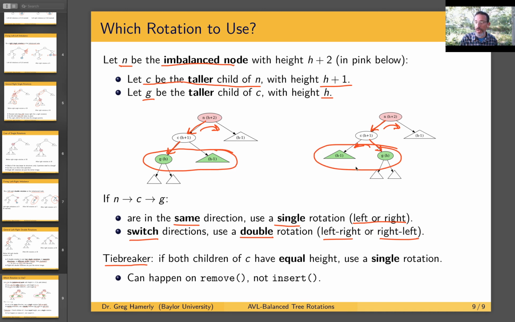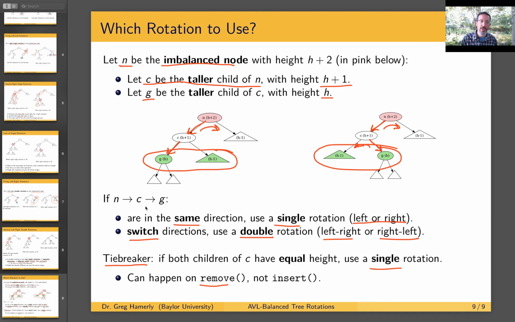But it is possible, under certain circumstances, that these two have the same height, and that can only happen on remove. If that happens, in other words, if you're unable to determine whether this is a left-left or left-right because these two have the same height, then the tiebreaker is to use a single rotation, and that is also important.